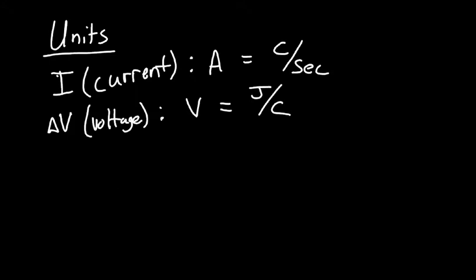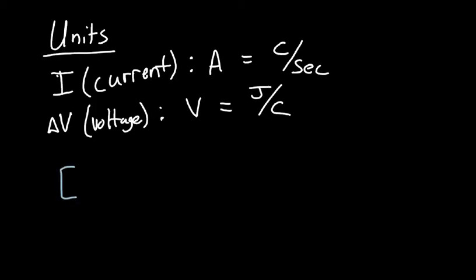We can get an idea for what this relationship is going to look like to figure out power when we're talking about an electric circuit by thinking about the units we use for current and for voltage. For current, we use the ampere, which is just shorthand for coulombs per second. And for voltage, we use the volt, which is shorthand for joules per coulomb.